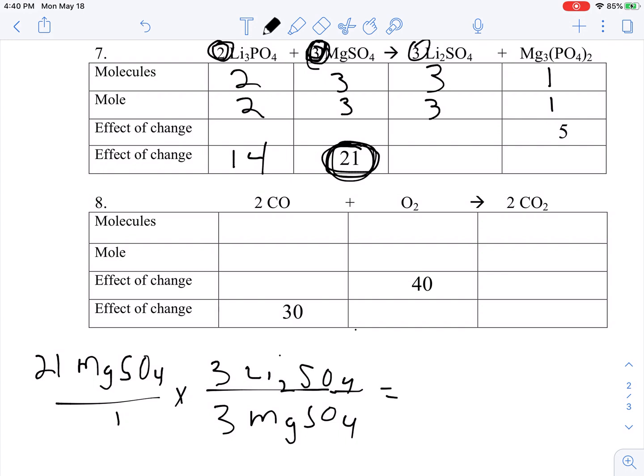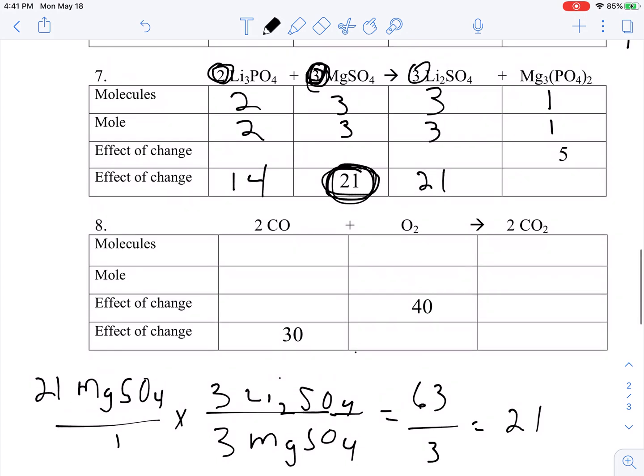Okay, 21 times 3 is 63 divided by 3 gives us 21. And that makes sense because when you look at this, it's a 3 to 3 ratio. Okay, they're equal to each other, so 21 equals 21. All right.